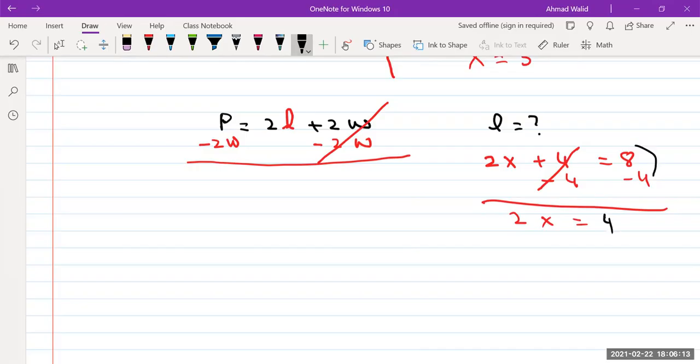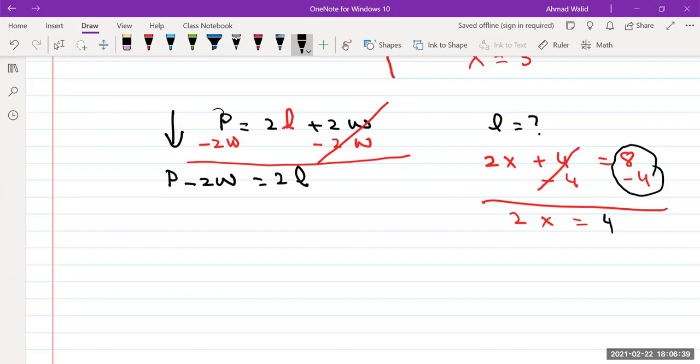With the numbers, it's easy. You can subtract 4 from 8 and you know the result, that's 4. But here, look, P minus 2W. You cannot subtract W from P. They are not the same variables. What you can do is write it this way: P minus 2W equals 2L. That's it.